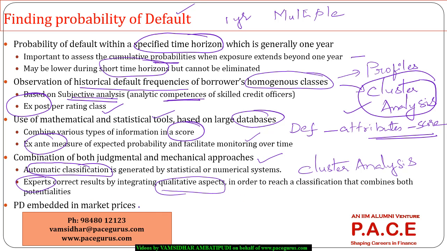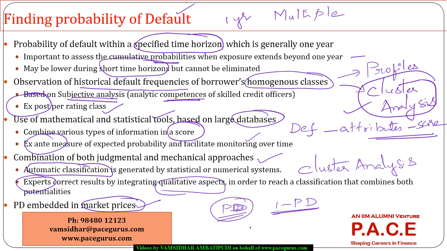And one more way in which I can look at the probability of default is purely based on the market prices. Sometimes the market prices of the securities are in such a way that, let's look at it in a simple way. PD is the probability of default, 1 minus PD is the probability of no default.